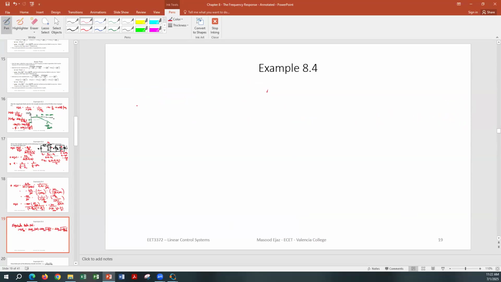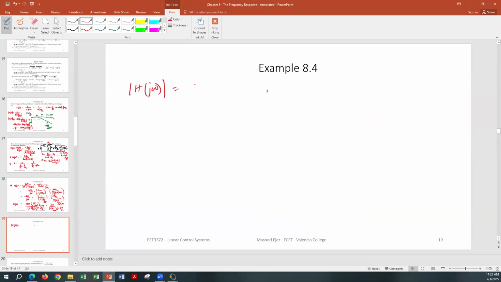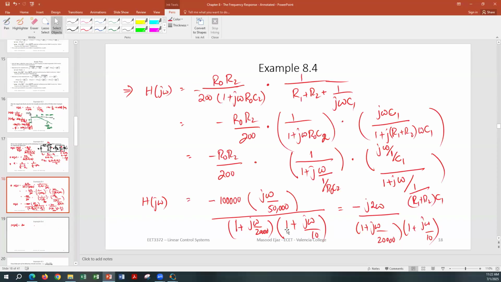Okay, so first write down the magnitude of H of j omega. So the magnitude of H of j omega is going to be the magnitude of the numerator divided by the magnitude of the denominator. The magnitude of the numerator is 2 times omega. And the magnitude of the denominator is the square root of 1 plus omega over 20,000 squared.